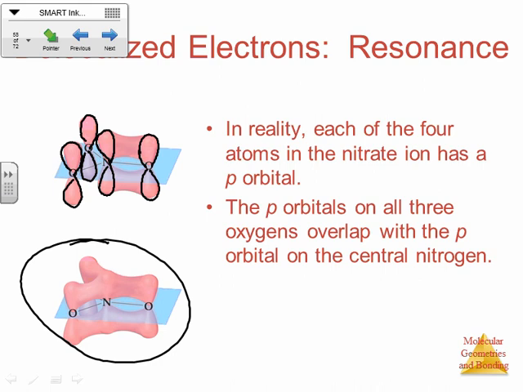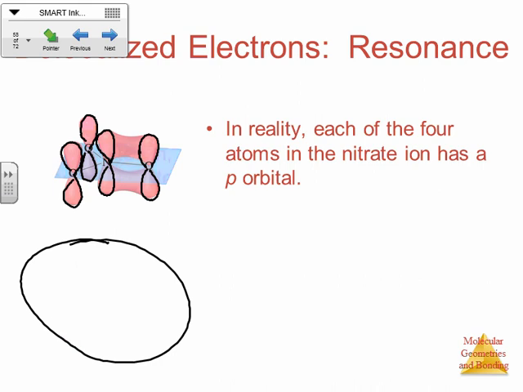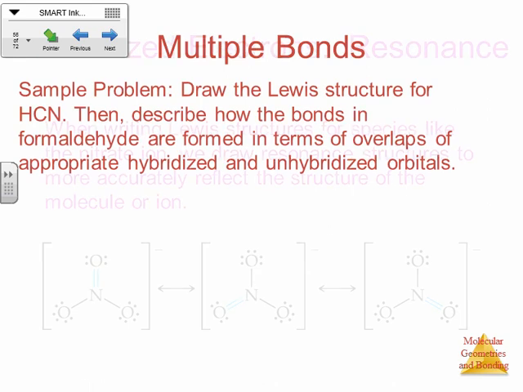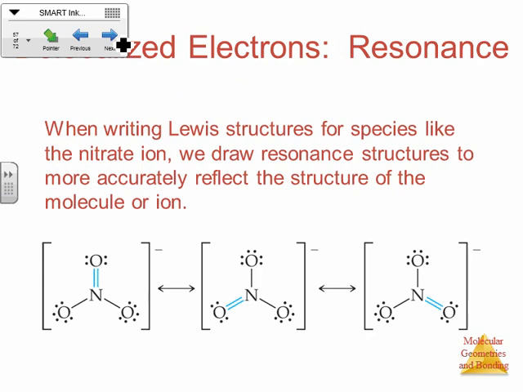So if you were talking about the bond strength on NO3, and you've got your Lewis structures right here, then really, this ends up being a little bit stronger than a single bond, but quite a bit weaker than a double bond overall. It's kind of a 1 1/3 bond.